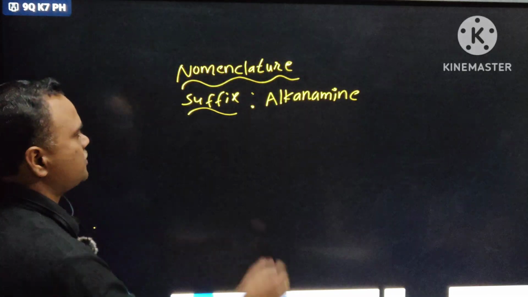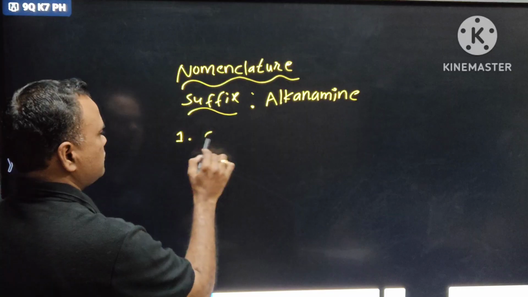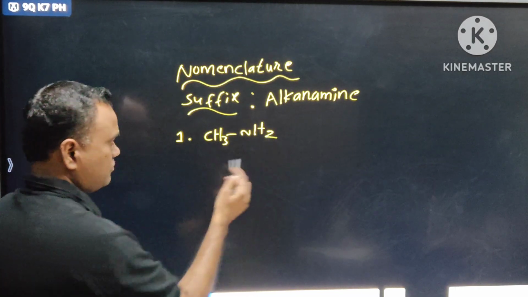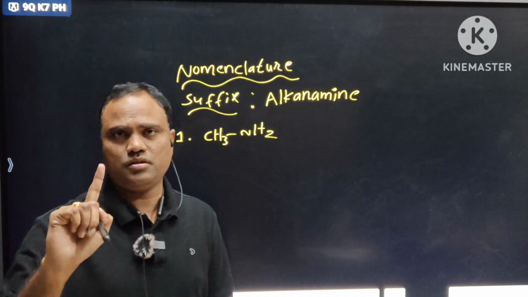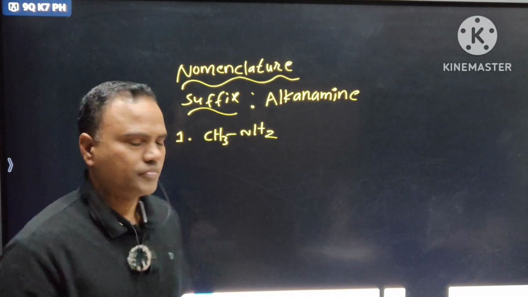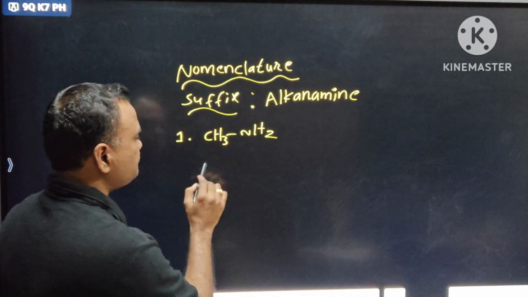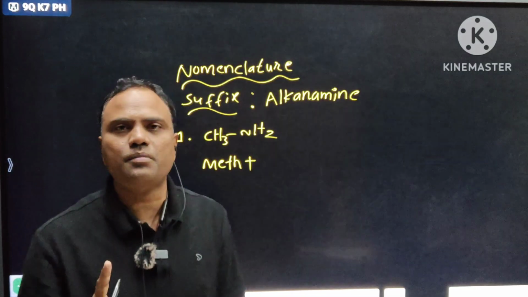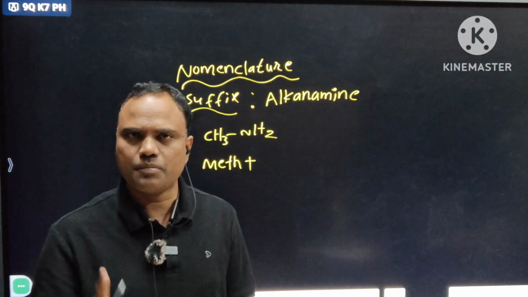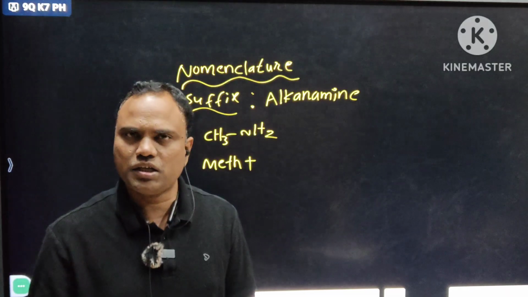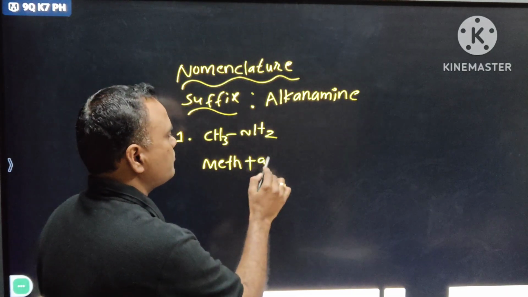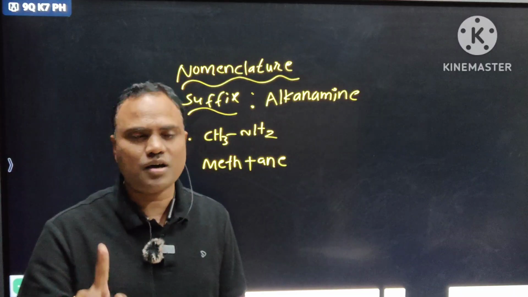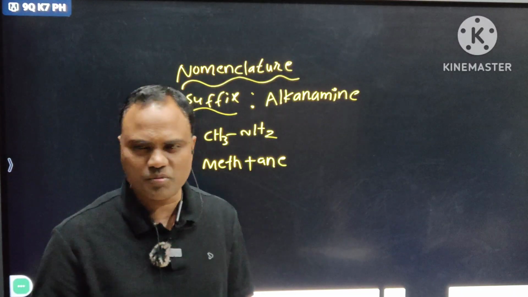First example. How many carbons are present? We have 1 carbon, so meth. Is there any carbon-carbon double bond? No. Carbon-carbon triple bond? No. In that case, write an. Carbon-carbon double bond only, not carbon-oxygen double bond.